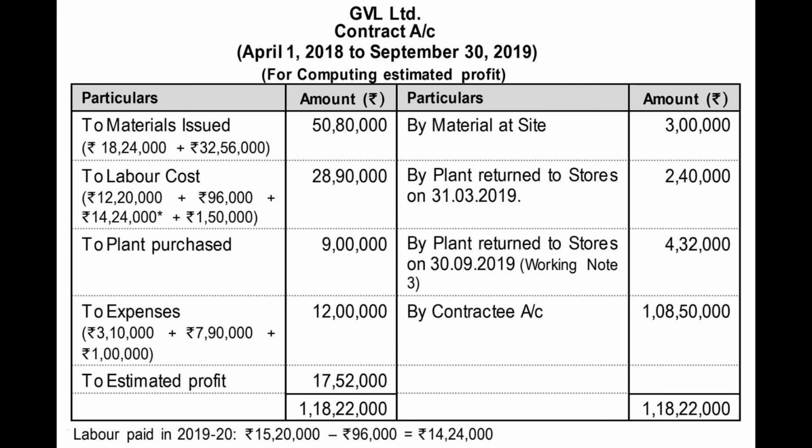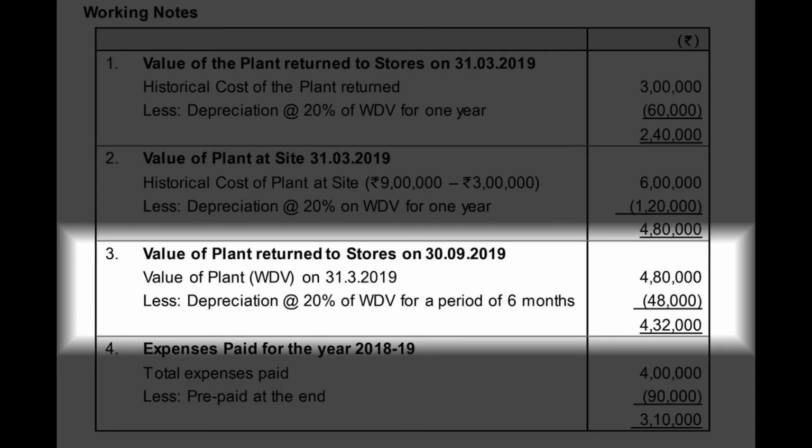Then the remaining balance is rupees 6 lakh historical cost. For that 6 lakh, we have to provide depreciation. Already we have arrived at written down value of 4,80,000 as on 31st March 2019. Put a working note, value of plant written down value as on 31st March 2019 is rupees 4,80,000. From 4,80,000 we have to provide depreciation 20% for 6-month period.